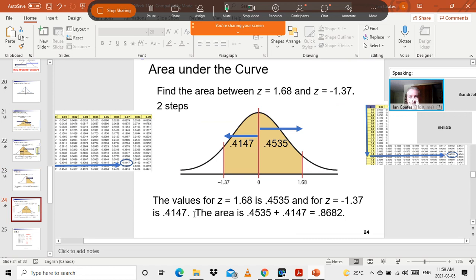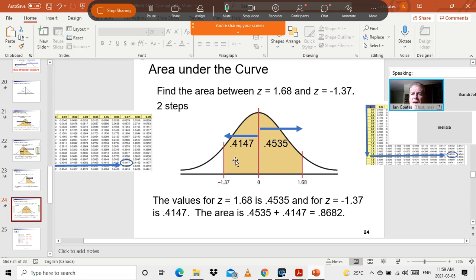And this one here, the last of these examples, is find the area under the curve. So find the probability from z equal to positive 1.68 to z equal to negative 1.37. So you see here we've got a z value here, we've got a z value here.